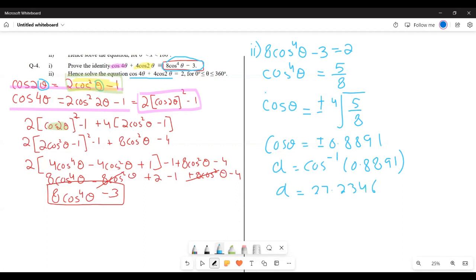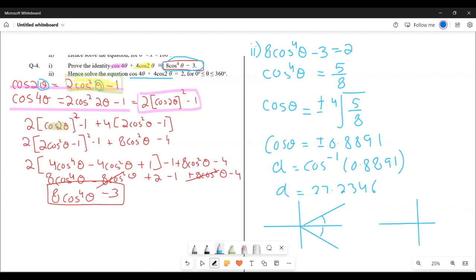Now cos is positive in the first quadrant, and in the 4th quadrant, as in the ASTC rule. And cos is negative in the 2nd quadrant and the 3rd quadrant.